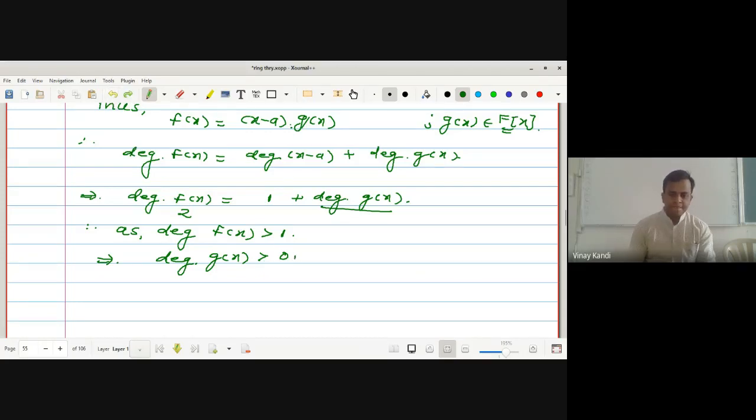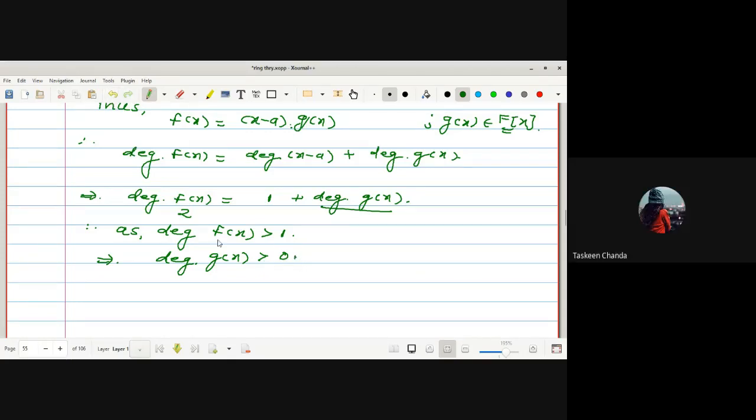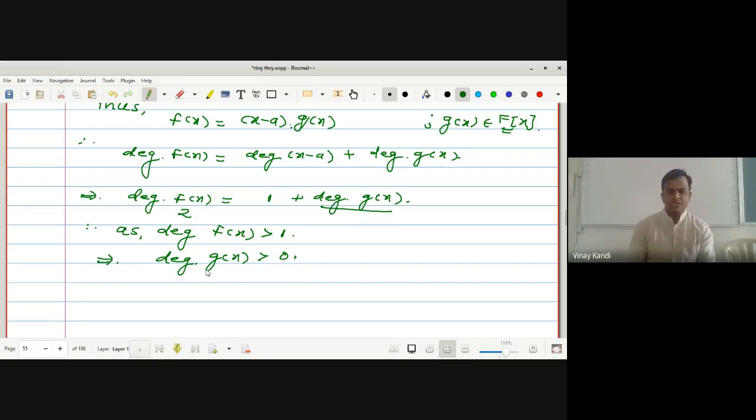Whatever the degree may be, it will be greater than 0. Thus g(x) is a non-constant polynomial, since its degree is greater than 0.